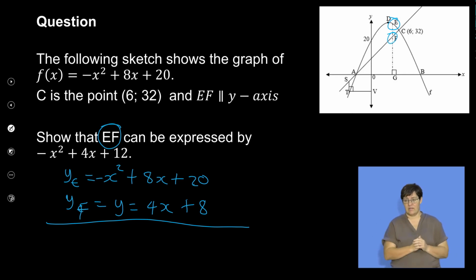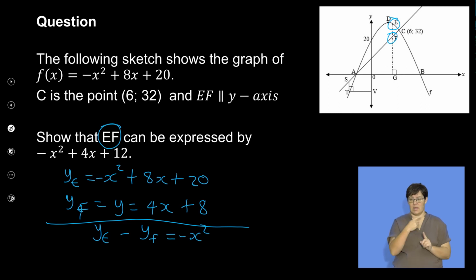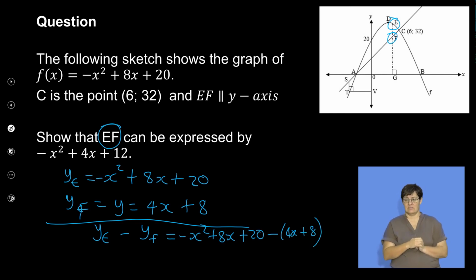So if you subtract this, it will be y at E minus y at F, which will then be the same as minus x squared plus 8x plus 20, and then minus (4x plus 8).